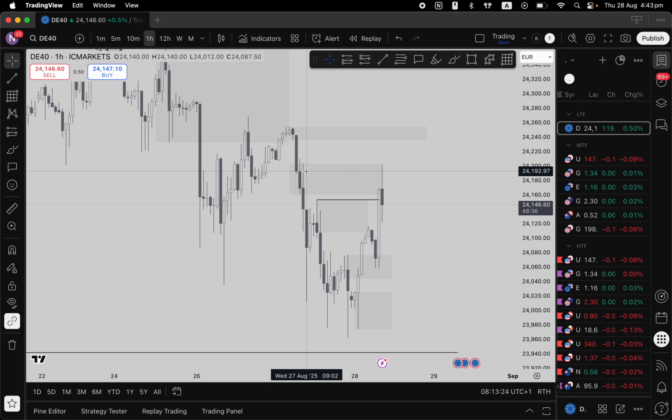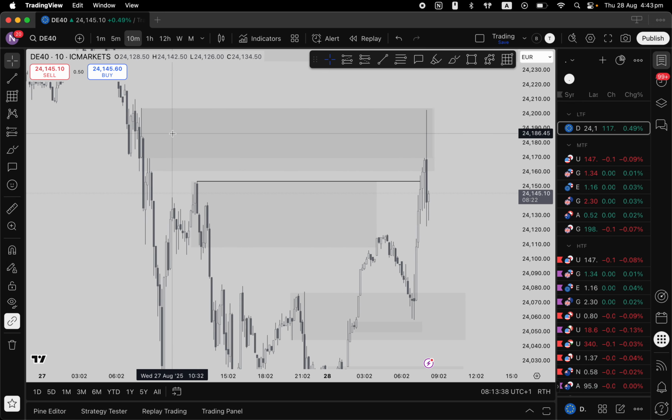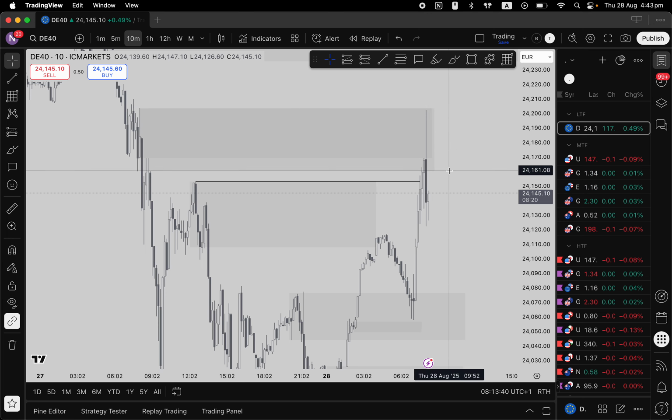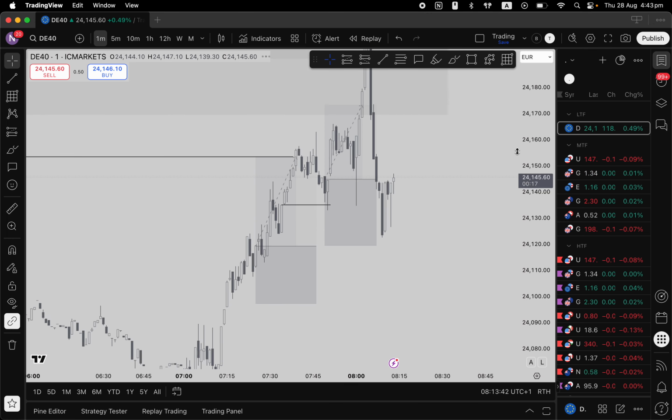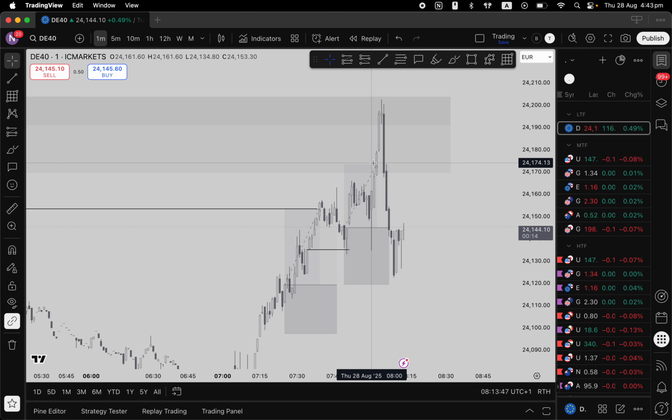So there was some form of supply here that led to that continued move lower. When I see that, I'm thinking, okay, maybe price action is going to react from there, and I didn't have that marked out. So I quickly looked at the 10-minute and marked out this order block as well. Then once price action was here, I decided I'll just take off my position fully here for both.